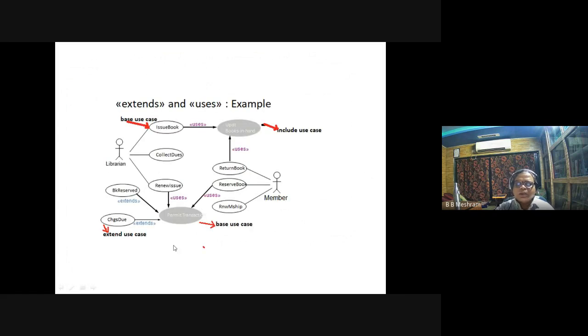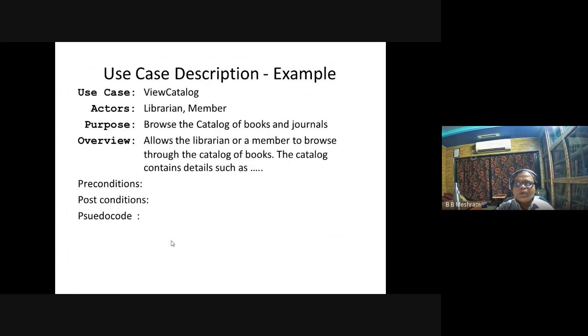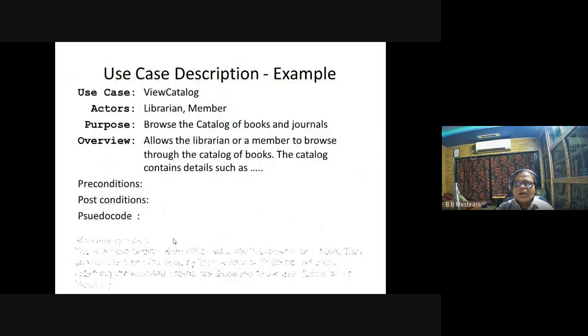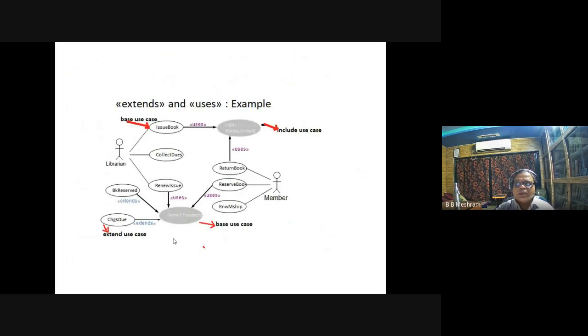So, here we can modify this use case diagram by adding some associations. So here in this diagram, librarian is associated with issue book, and issue book uses the update books in hand.